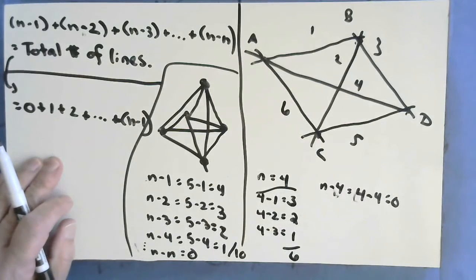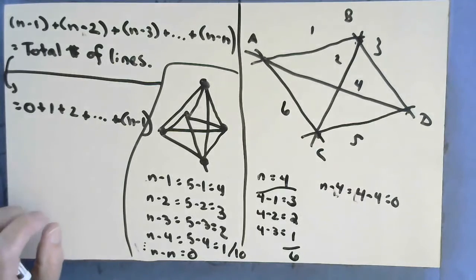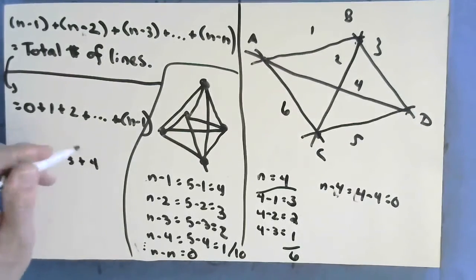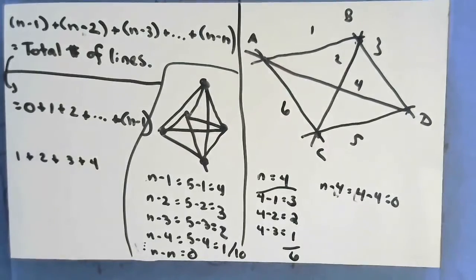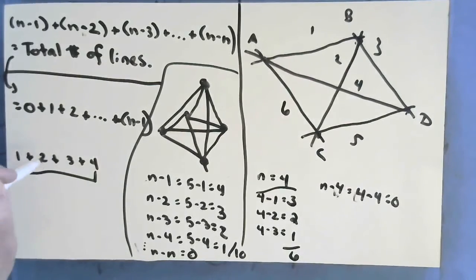We have another way of simplifying the formula, and I'm not going to go over the proof of it. I will just give you the idea of what's going on. But let's look at 1 plus 2 plus 3 plus 4. That's for n equals 5. We know that 4 plus 1 is 5, and we know that 2 plus 3 is 5.